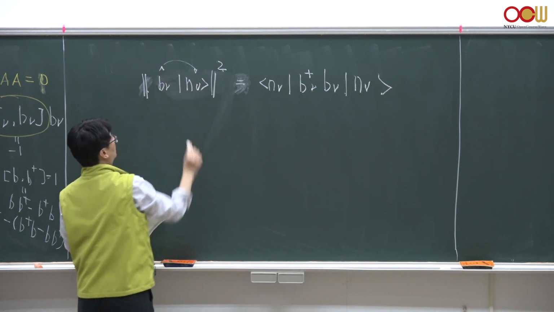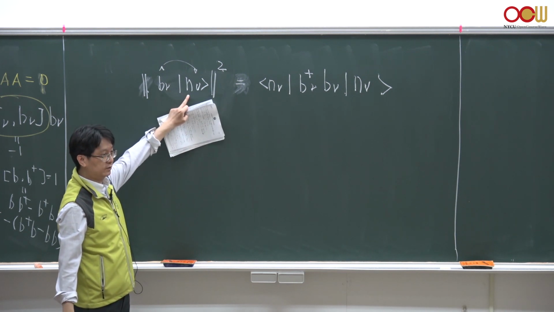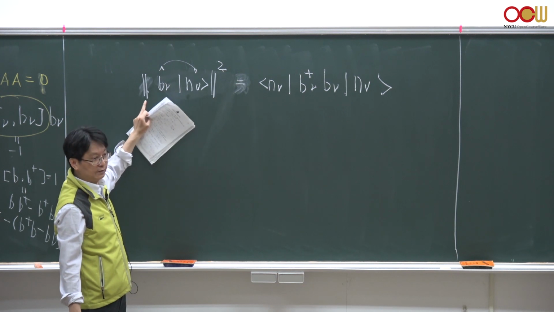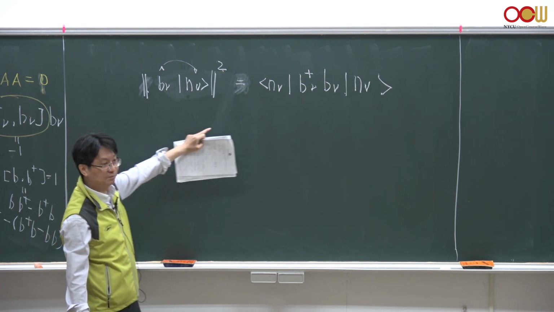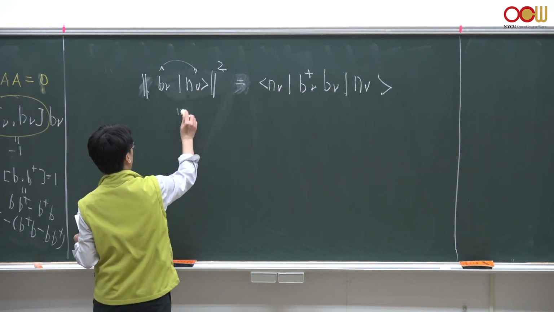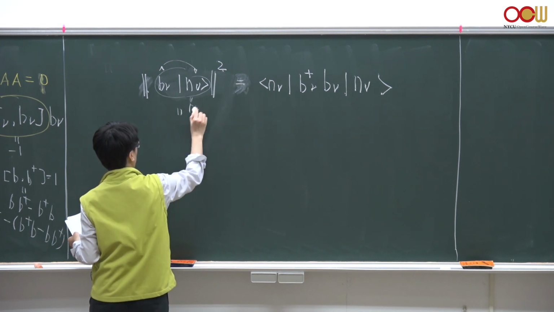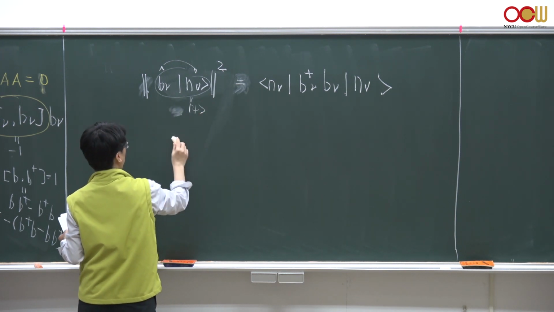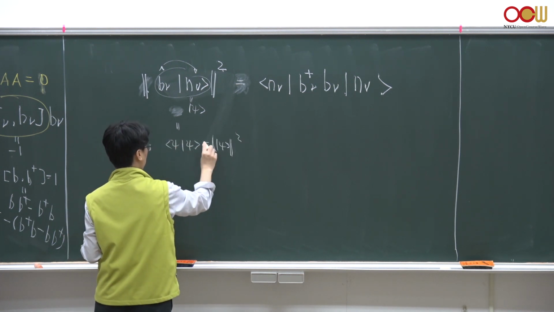If I use this destruction operator, B nu, to destroy this boson number N nu by 1, and I square this, this is nothing but a matrix element, right? Because this square is this, suppose this is some Dirac state, and this is nothing but this in quantum mechanics, right?